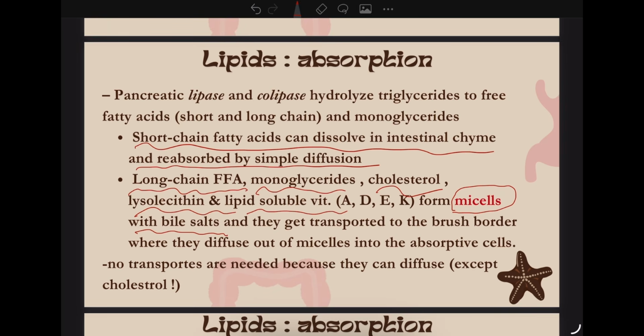They are formed by bile acids surrounding, just like the emulsified droplets, wasn't it formed by bile acids? Now it's the same thing, but with the end products. It surrounds them and makes these micelles, which are basically small globules like this, which have our end products in them. And it's carried out to the brush border and it diffuses through the phospholipid membrane.